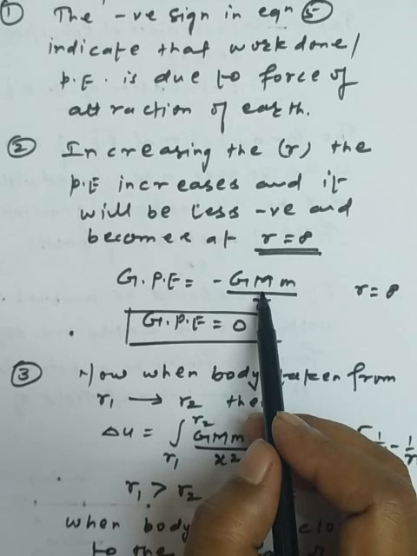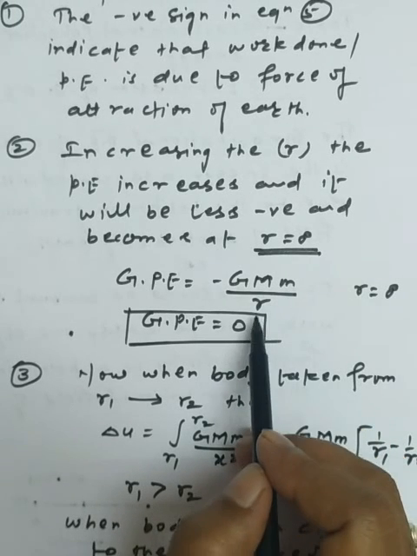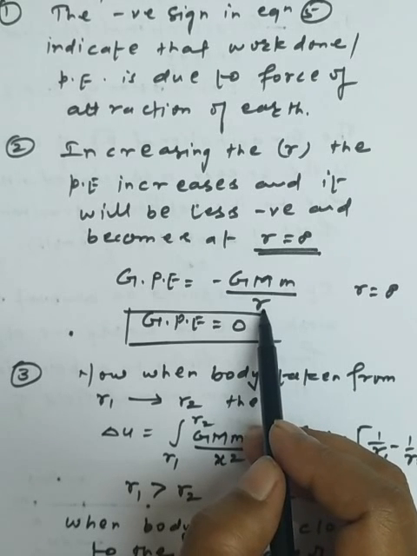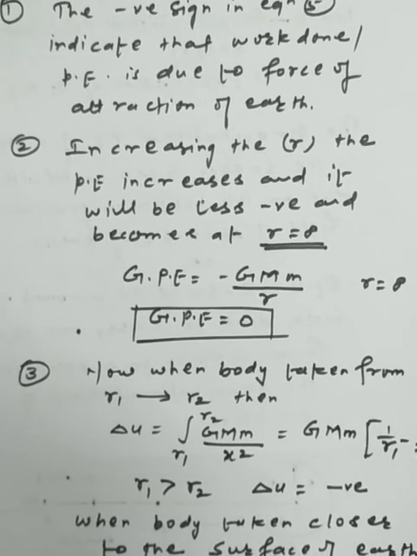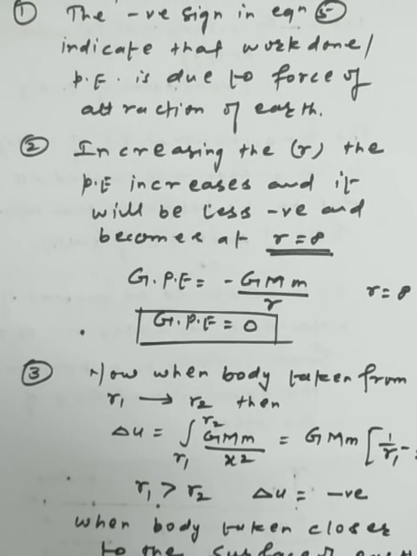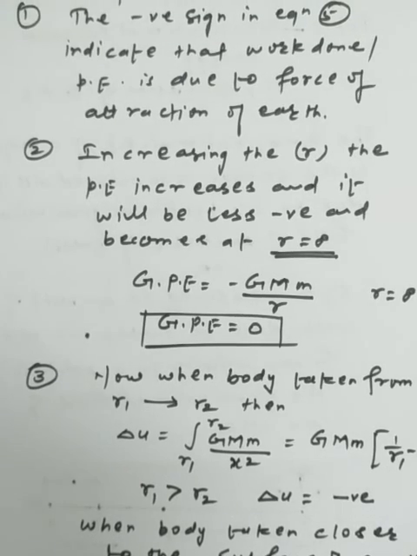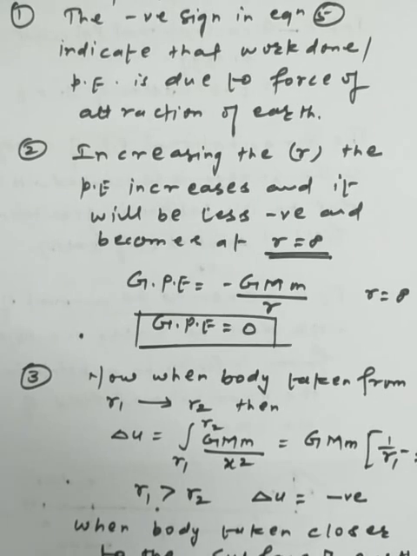We are largely talking about the gravitational field of the earth. So how can we find the potential energy of any body? Here m is the mass of the object, and r is its distance from the center O where we want to place the object. So we want to conclude how much potential energy is associated with this object. These are the basic concepts of gravitational potential energy, and we have many numericals we can discuss.